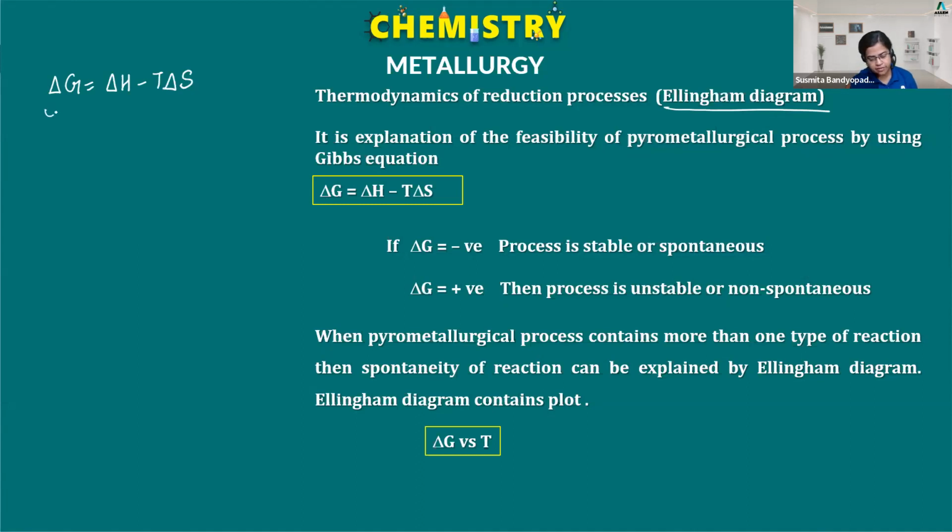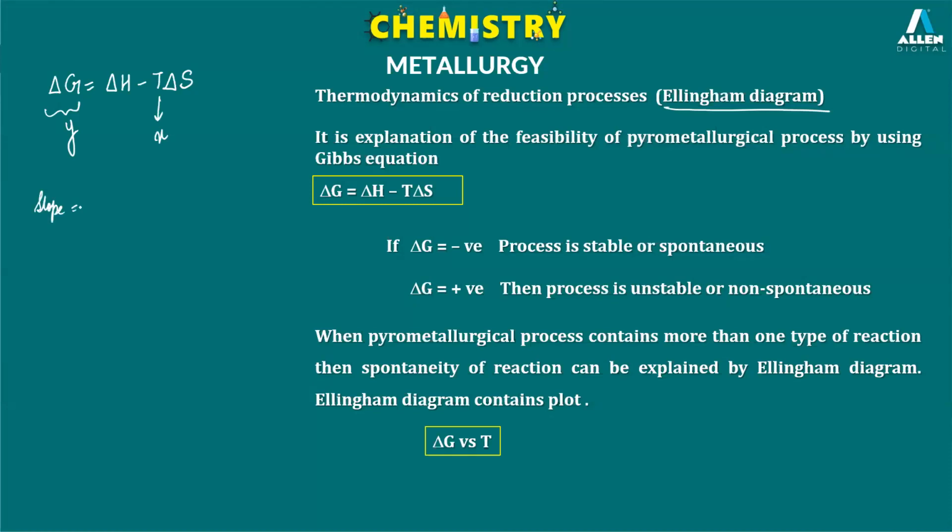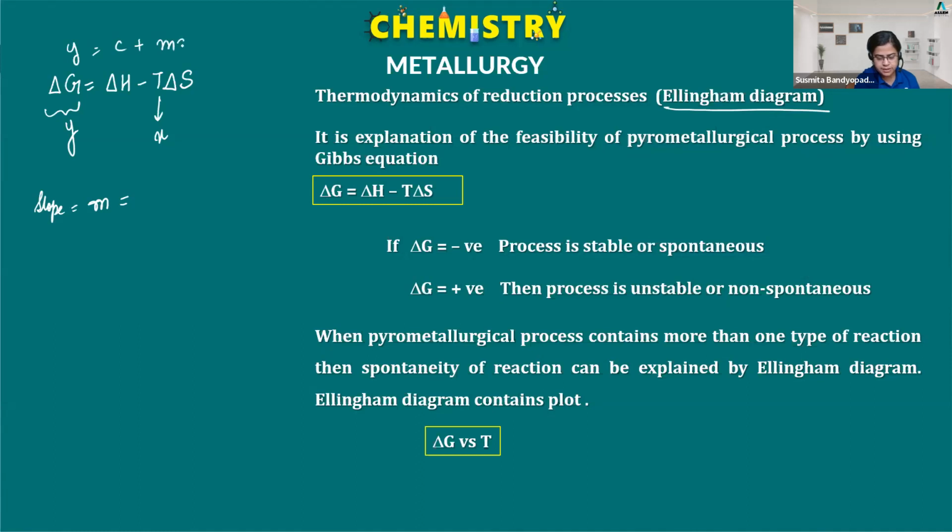So here, when delta G is plotted against T, the slope should be minus delta S. The slope is m, because y is mx plus c, so the slope is minus delta S. Good.